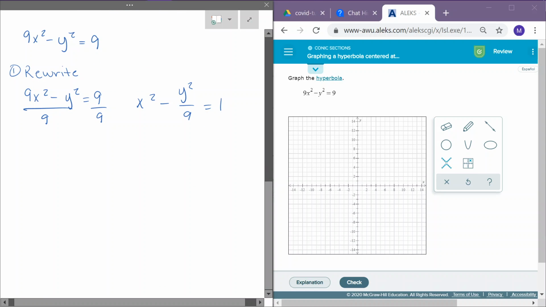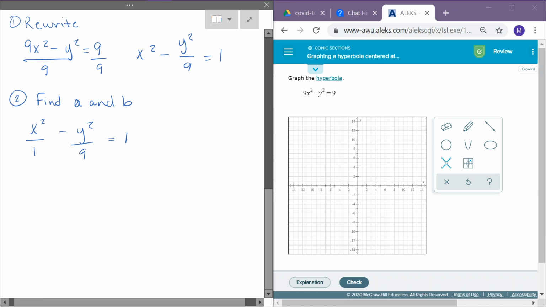Next, we want to find our a and b. So we have x squared minus y squared over 9 equals 1. This is the same thing as saying x squared over 1 squared minus y squared over 3 squared equals 1.